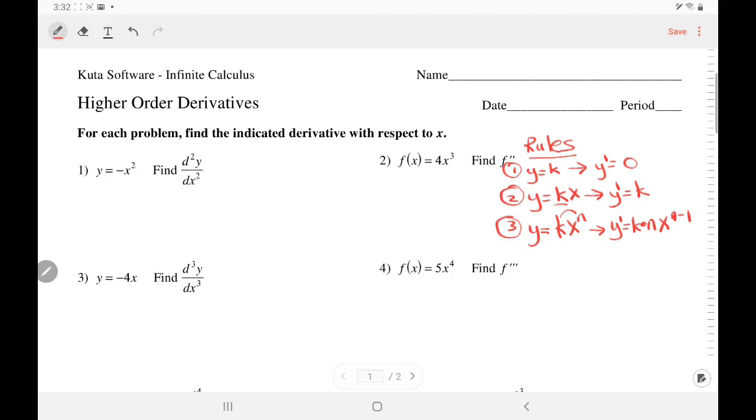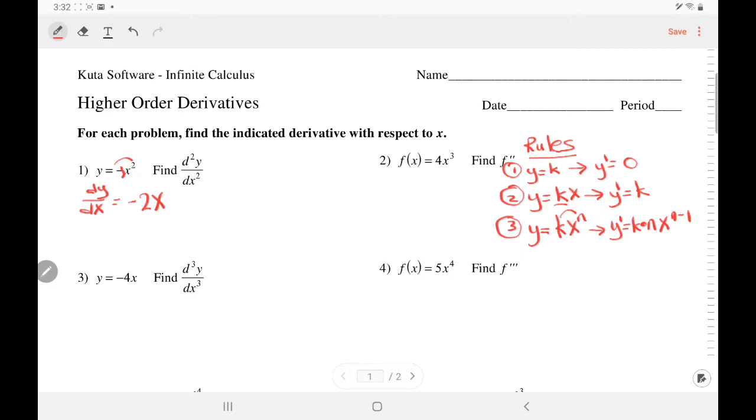In number 1, d2y over dx squared simply means deriving twice. So first derivative dy over dx, we will use rule number 3. There is an invisible 1 here. So multiplying the constant and the power, -1 times 2 is -2.